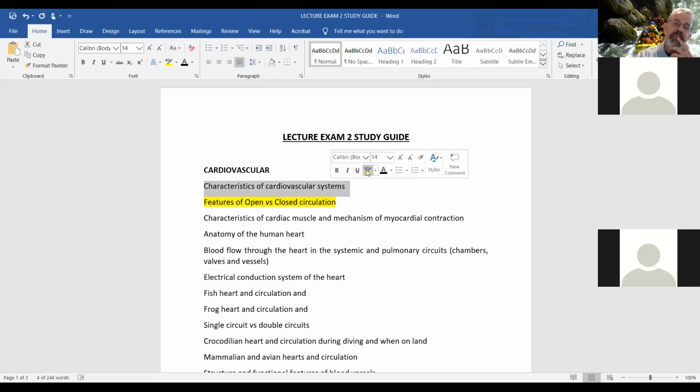And of course, the difference between that has to do with the fact that even though both those 2 circulations have all 3 components, the difference lies in the fact that with an open circulation, there's not a continuity between the vessels that are carrying blood away from the pump versus ones that are returning it back to. So the fluid that leaves the pump ends up basically leaving the tubes, directly bathing the tissue, and is gradually returned back to the heart.